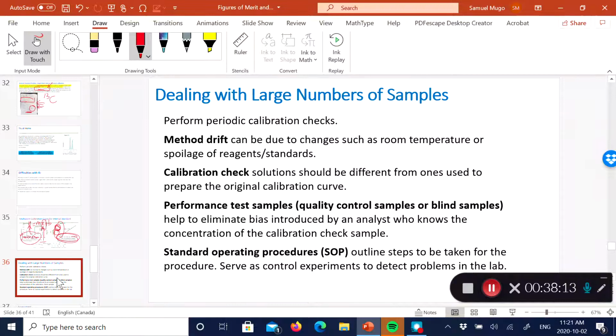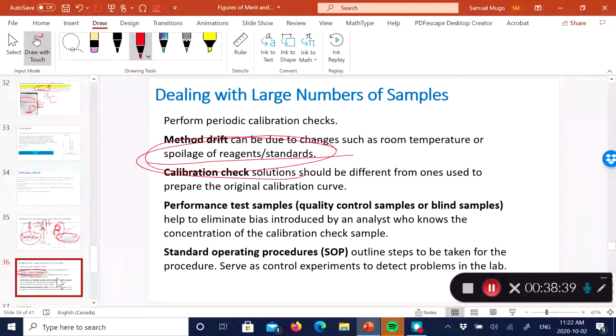So you always have to check for instrument drift. Okay, because the instrument, as I said, can change. The response may change because of the room temperature. Remember also, the analytical method could be affected by reagents possibly spoiling and so on. And so always check for method drift.